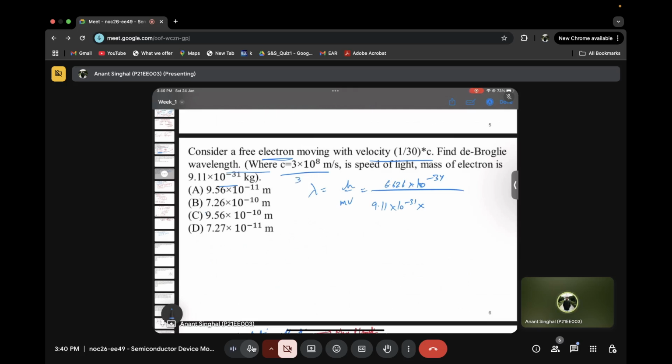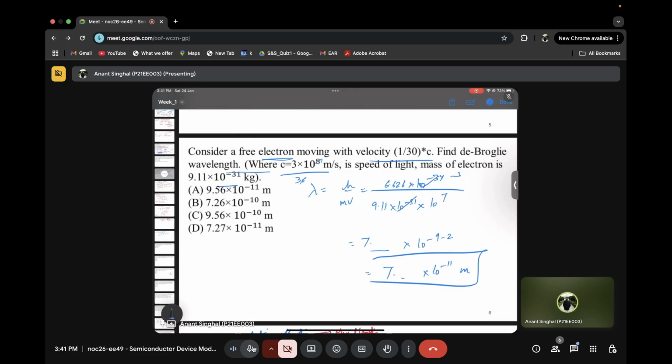So 1/30th of this will be 10 raised to 7, and this will be minus 3. So it will be something minus 9. Oh no, so this will be 9, 6, 7. So 7 point something times 10 to the power minus 11 meter.